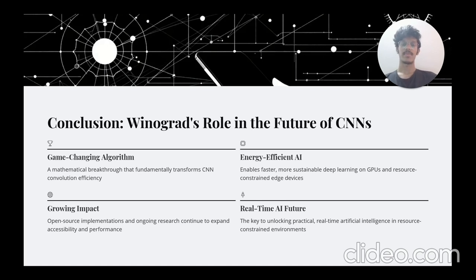In order to obtain low-power devices integrated with efficient AI, these types of algorithms are the need of the hour, and their impact is growing. Research also continues to expand the accessibility and performance of such algorithms and the real-time AI future. This is the key to unlocking practical real-time artificial intelligence in resource-constrained environments.